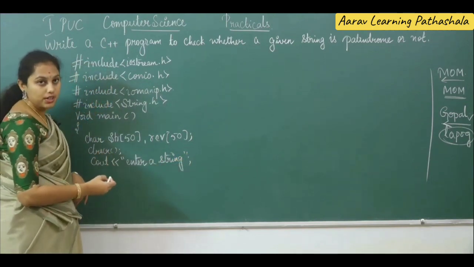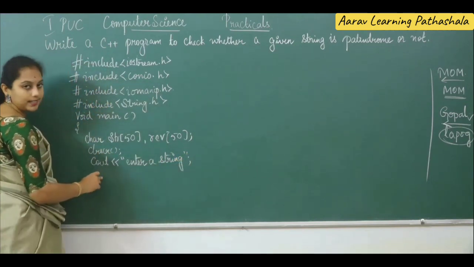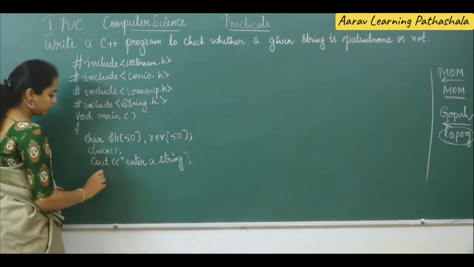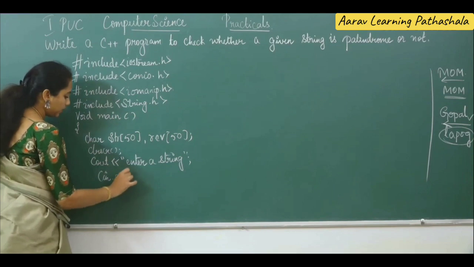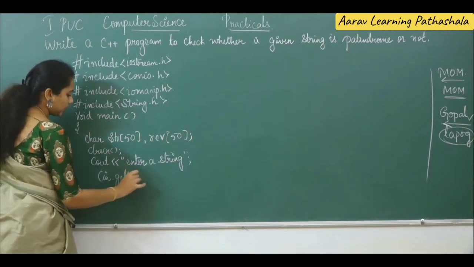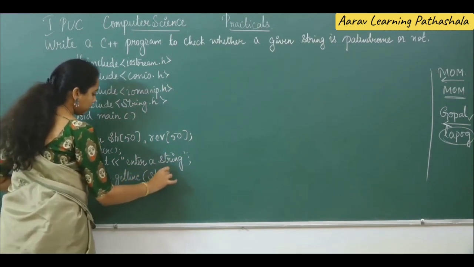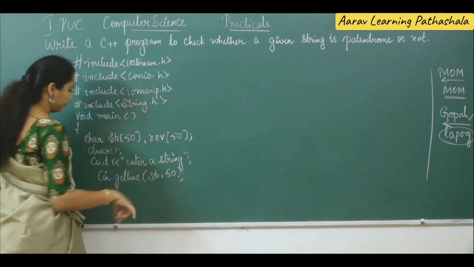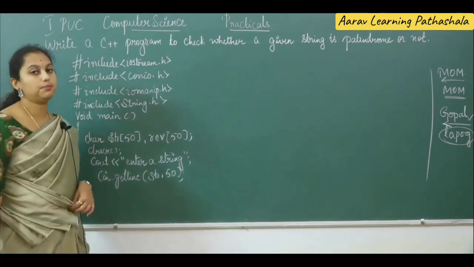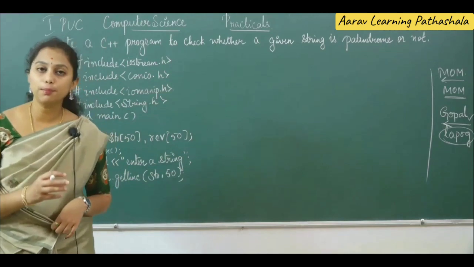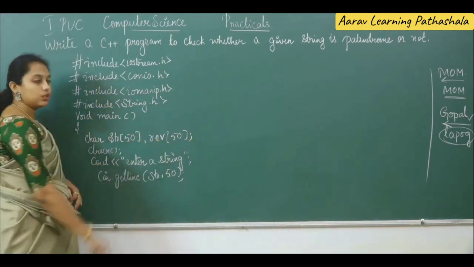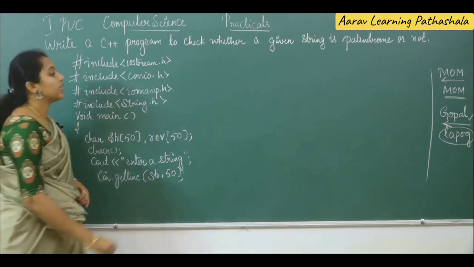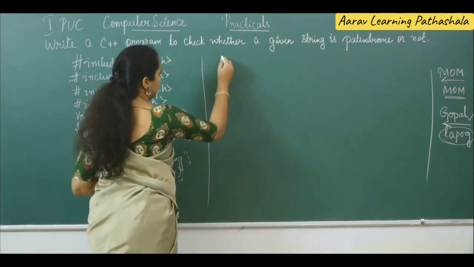To accept a string, there is a function called getline. The cin.getline function is used to accept a string, str, size 50. After accepting, we have to copy the contents of the string variable to another variable called reverse using the string copy function.